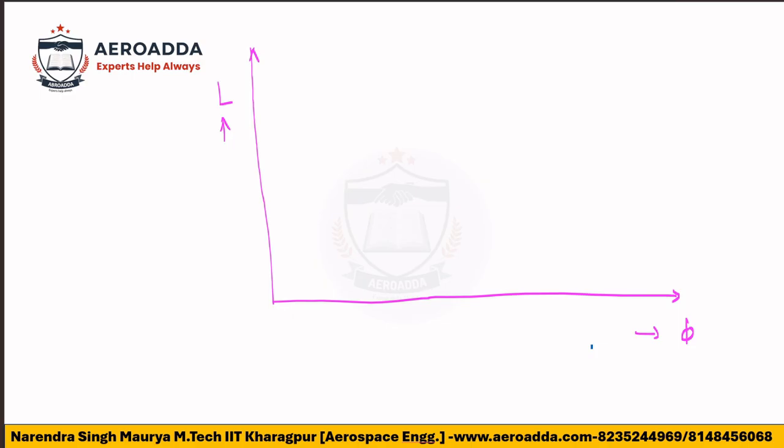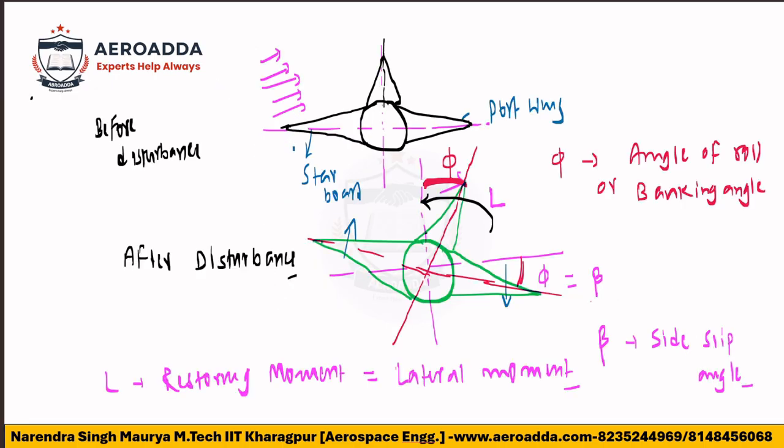Gradient means the change of rolling moment with respect to the rolling angle. You have seen in the previous analysis that L and phi are just opposite, so whatever gradient you get will be a negative value. Correct? Because there was the positive roll.